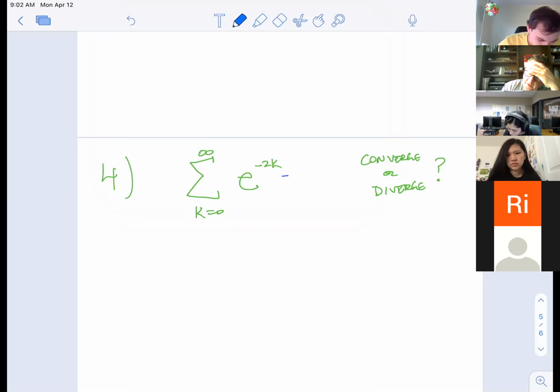If you didn't notice this already, make sure you see that an easier way to write this out, since it's a negative exponent, is just to think of it as 1 over e to the 2k, so it isn't as confusing looking. If you didn't establish that earlier, do that now.